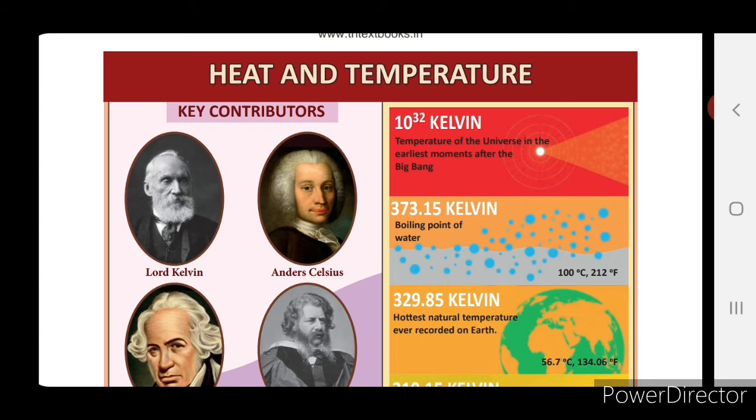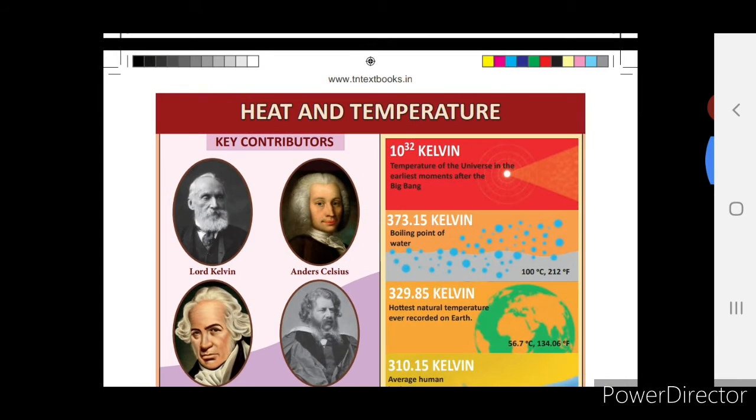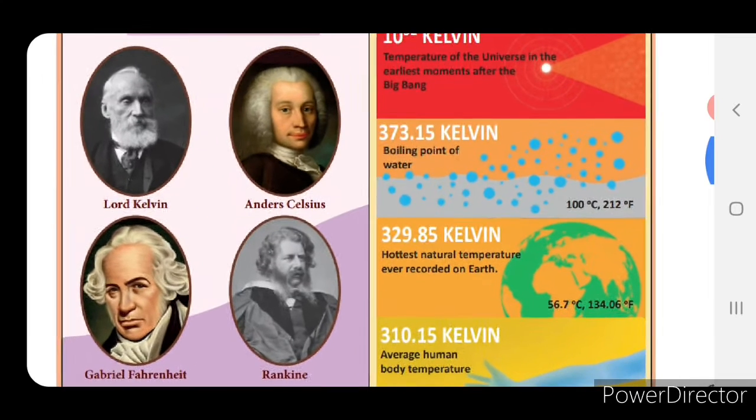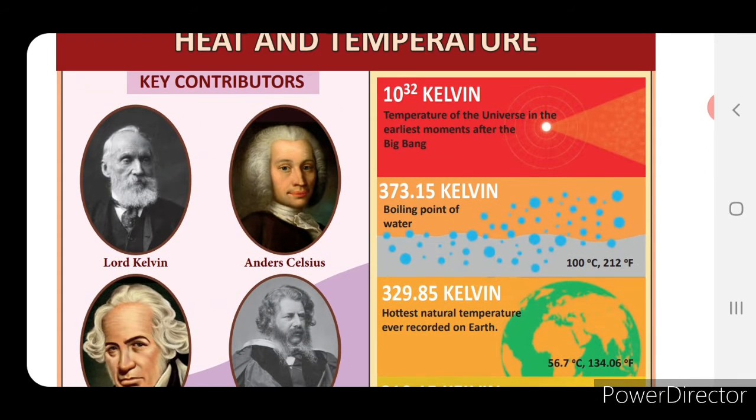it is given that the key contributors to these measurement scales are Lord Kelvin, Anders Celsius, Gabriel Fahrenheit and Rankine. 10 power 32 Kelvin is the temperature of the universe in the earliest moments after the Big Bang.